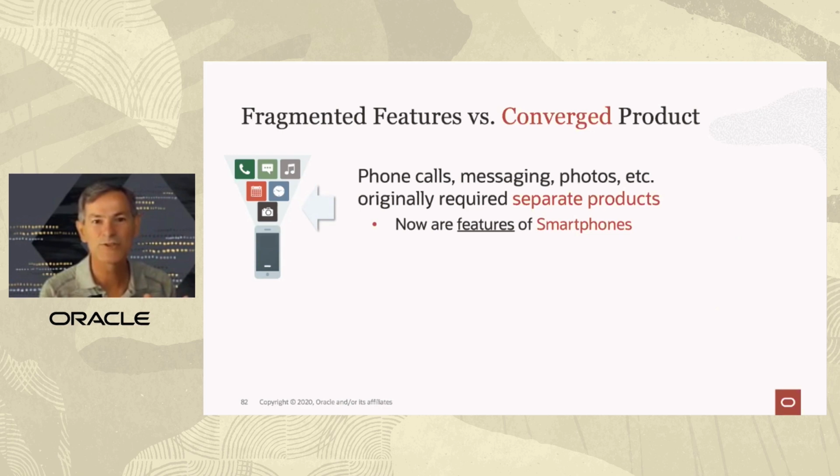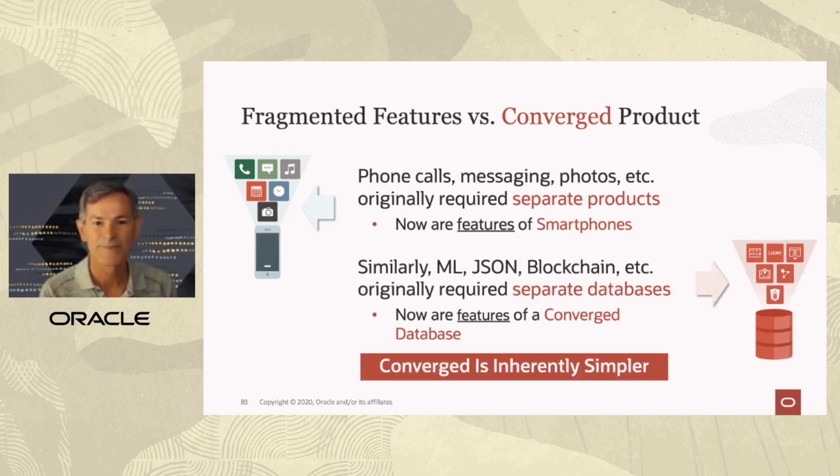So there's a difference between a converged product and fragmented features. So for example, phone calls, messaging, photos, etc., originally required you to use a separate product for each feature. Now all these have been converged into a smartphone. The smartphone does all these things.